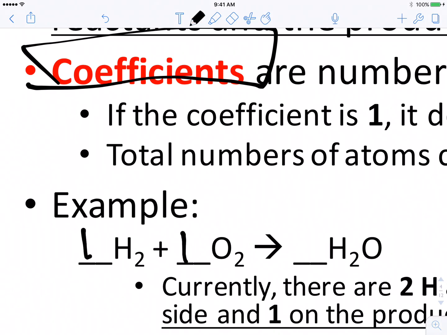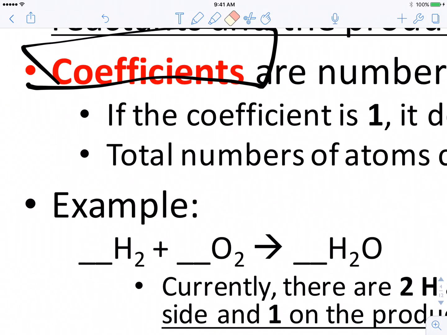Automatically, we already have one of each of these if we haven't balanced it at all. If we didn't have a coefficient at all, it would still mean that we have one of them. If we had 0 of any of these, we wouldn't have written them in the first place. So bottom line is you can put a 1, I'm not going to count it wrong. You don't need to put a 1 in front of a coefficient if it's not already there.